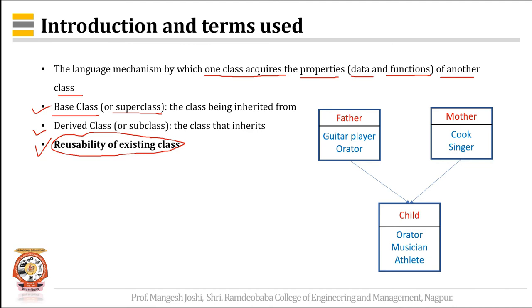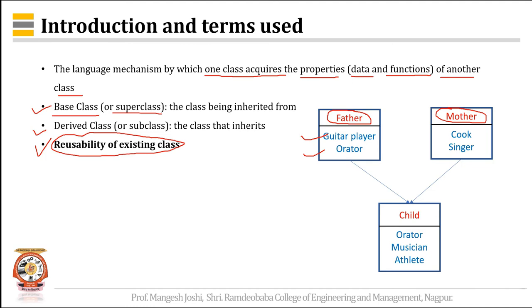Now let us see an example. There is a class named father class. There is another class named mother class. Father has properties, that is, a father is a guitar player or a father is an orator, a good orator.